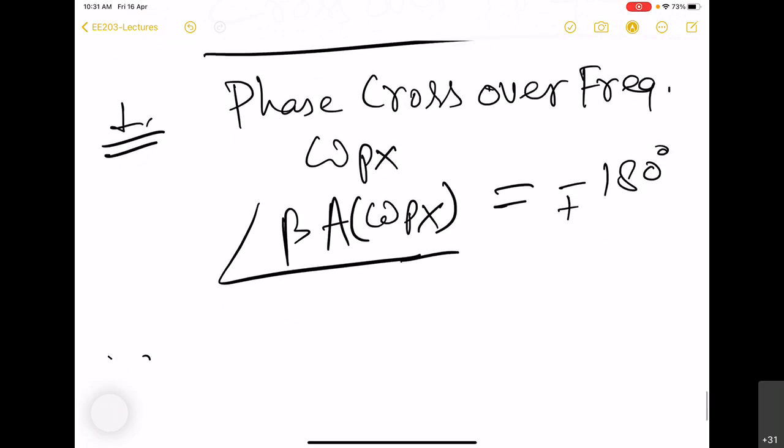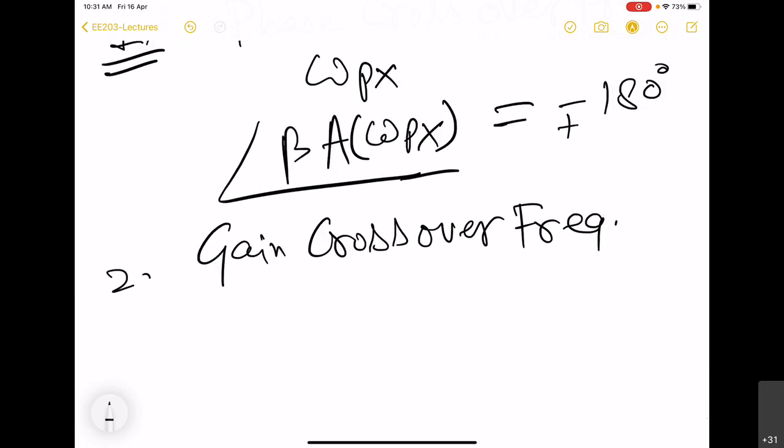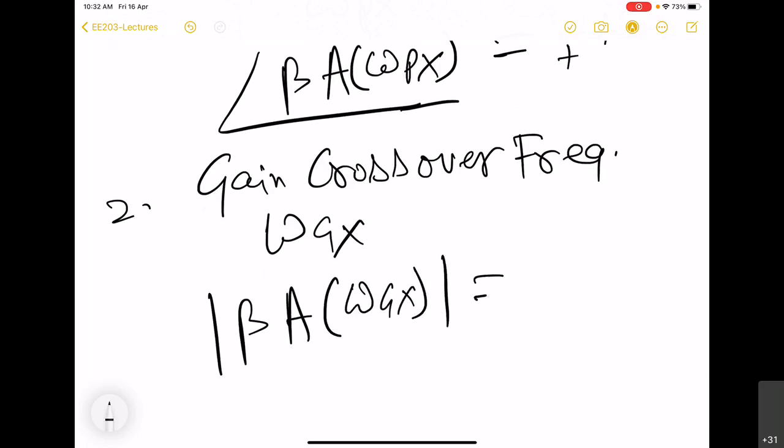So the second frequency is gain crossover frequency, and this is designated as omega gx, and this is a frequency at which the magnitude of this loop gain is equal to 1.